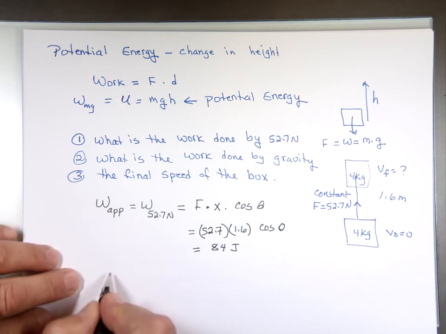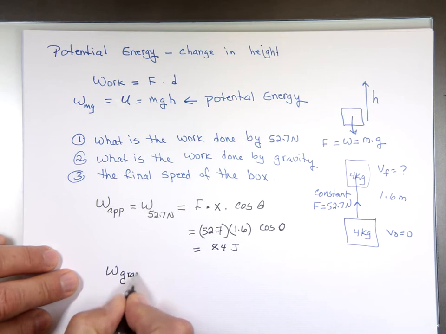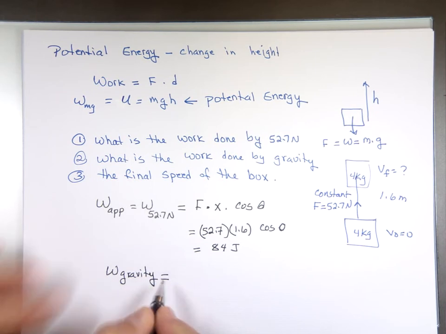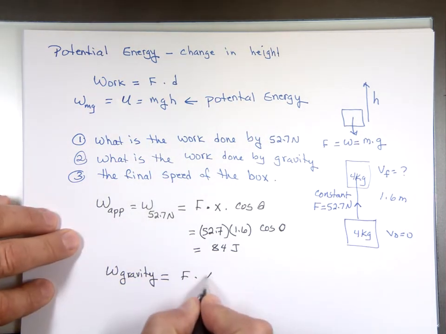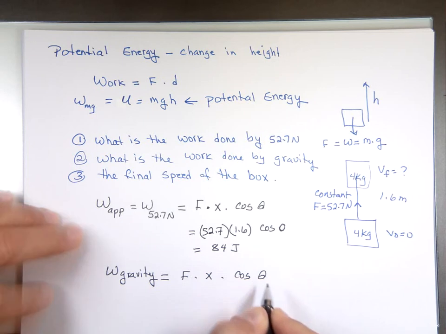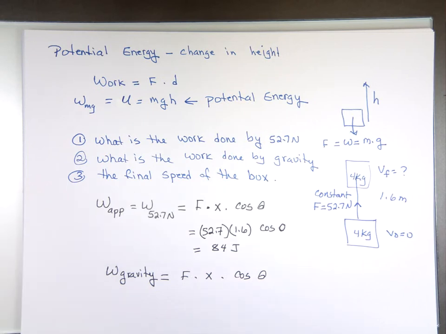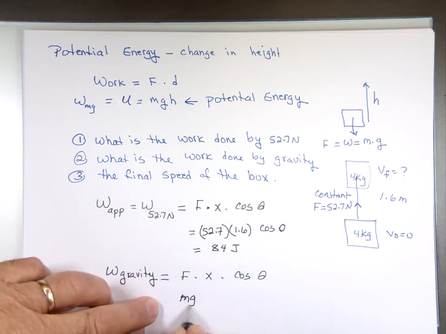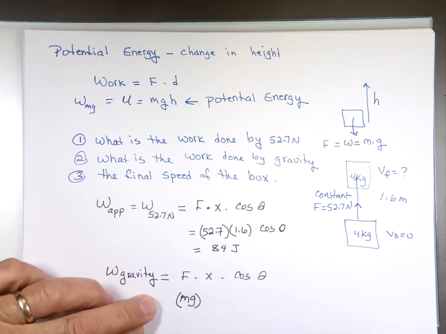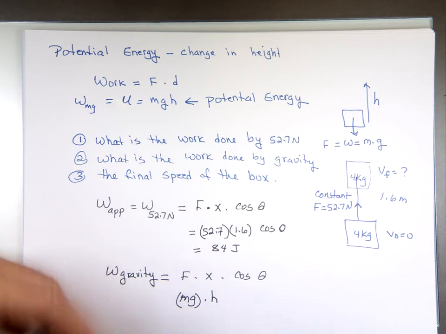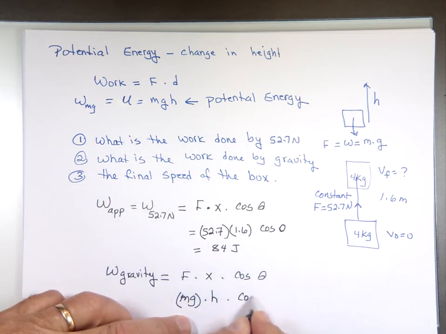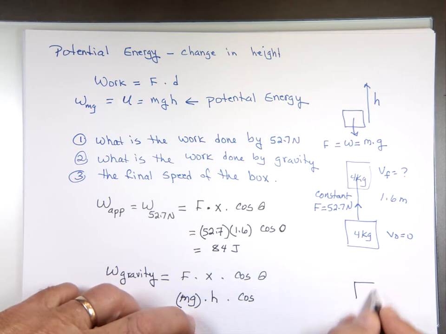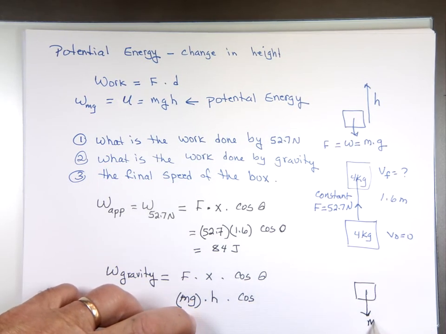Now, what's the work done by gravity? Now, let's look at gravity. Gravity, again, any work done by anything is the force times the distance times cosine the angle. Gravity, what was the force of gravity? Isn't that the weight, which is 4, or mg, I'll just go mg for now, times the height, that's the distance traveled, times cosine, what's the angle? Remember, gravity is pushing which way? Down. And the box is moving which way?